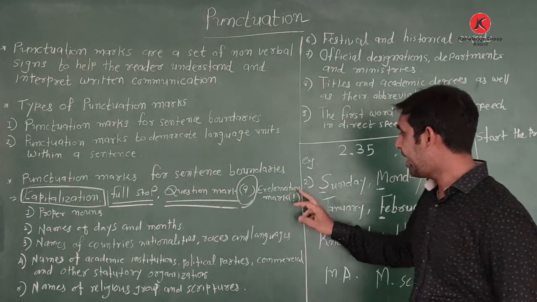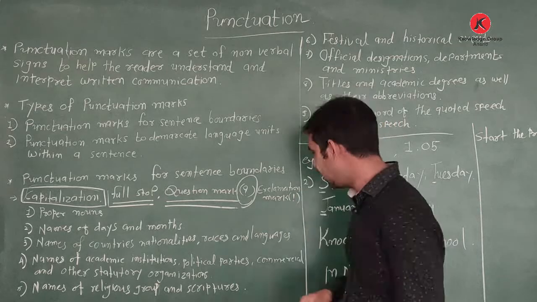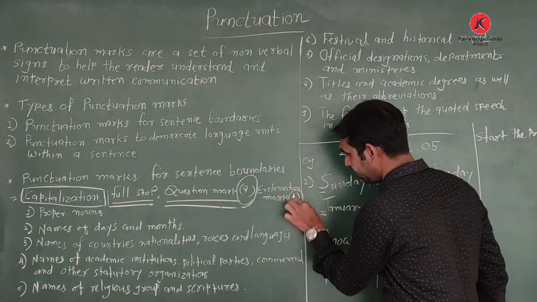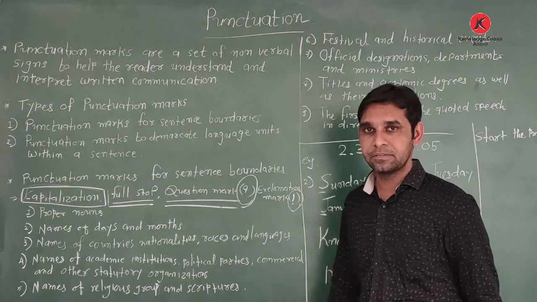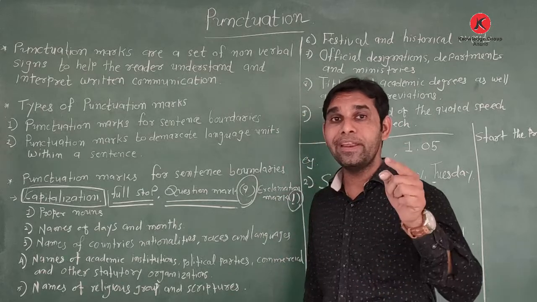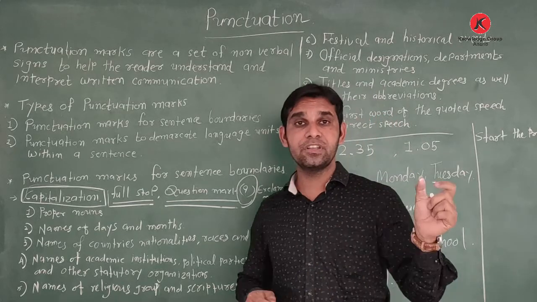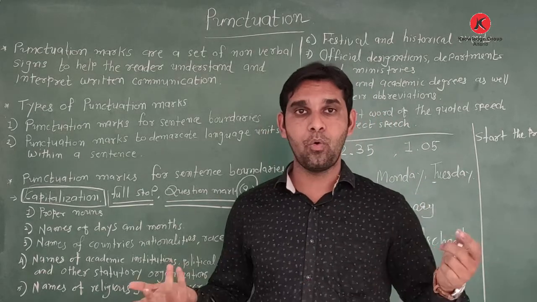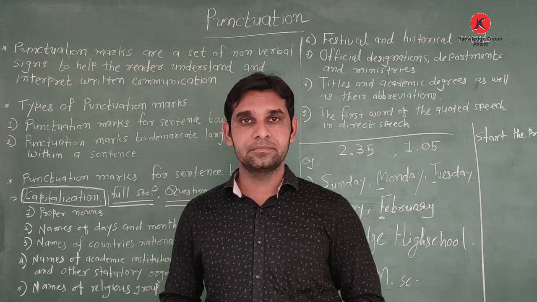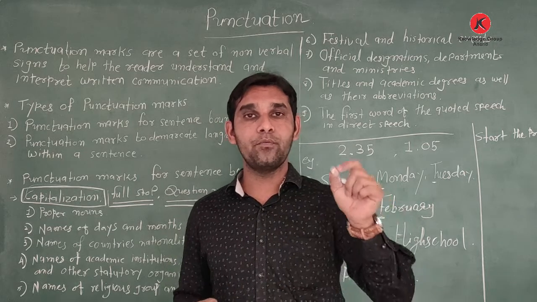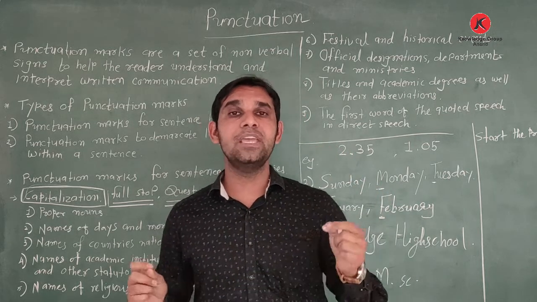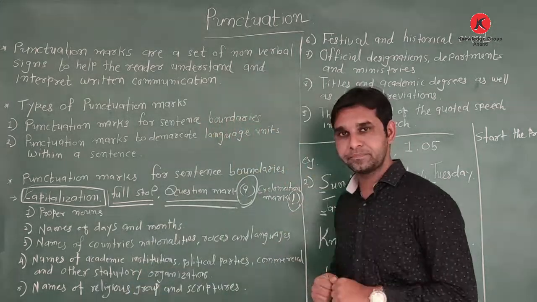Then comes the exclamation mark. See the exclamation mark symbol given here. Exclamation marks are used with interjections, words like wow, hooray, bravo. After such a word we use the exclamation mark.